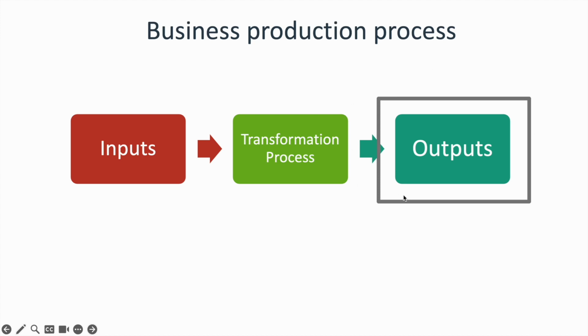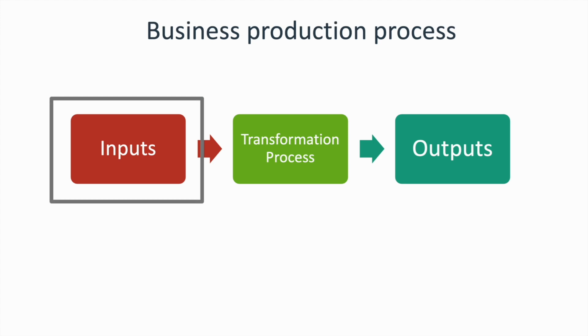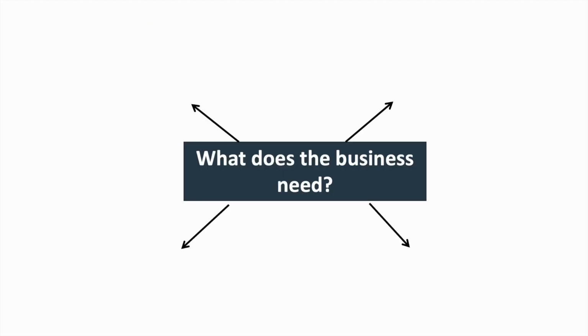And now let's have a look at the first stage. Let's have a look at the inputs. So what inputs do we need in order to produce our products? Again, here you can pause the video, try to brainstorm what the business needs to create any product, really, any product.